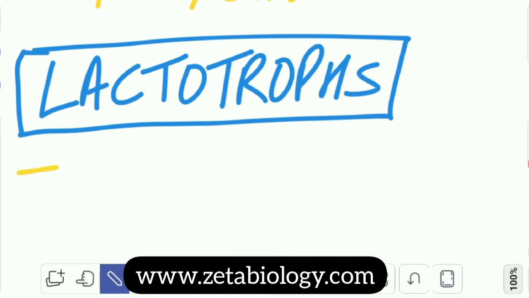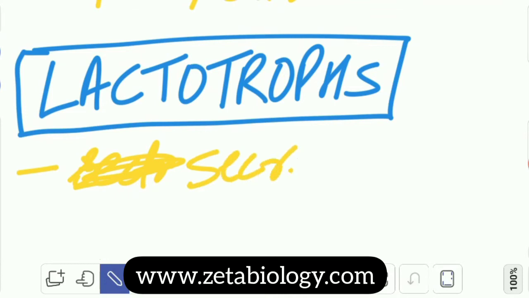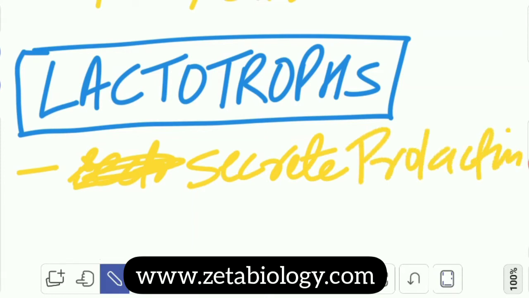These cells secrete prolactin or luteotropic hormone.